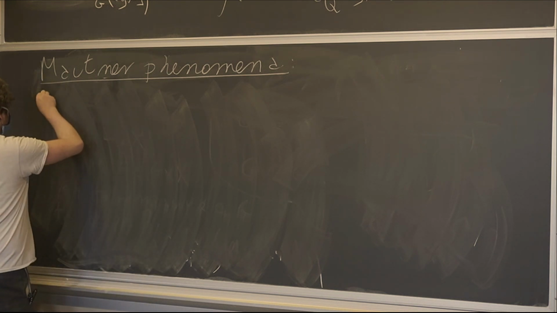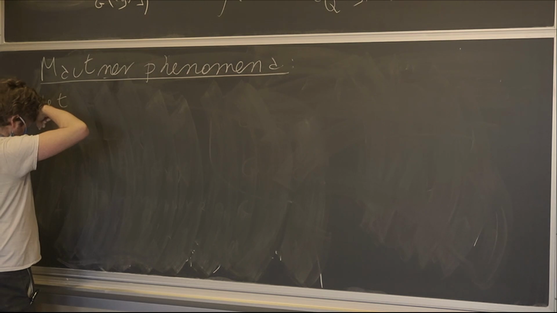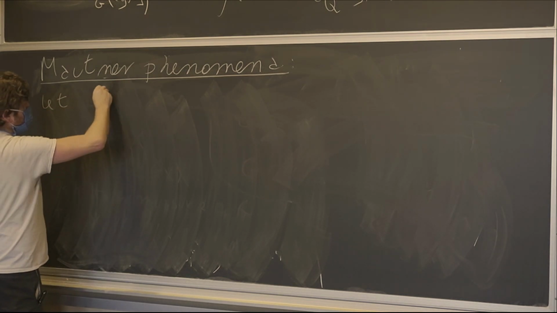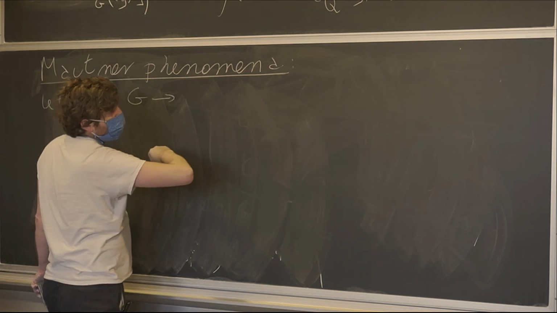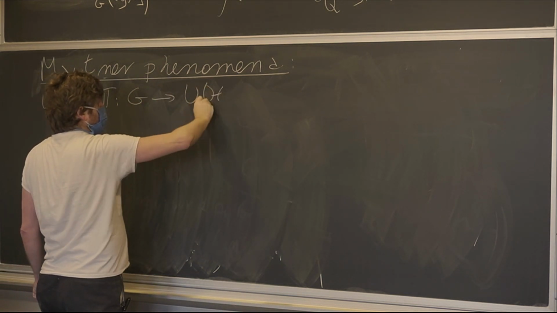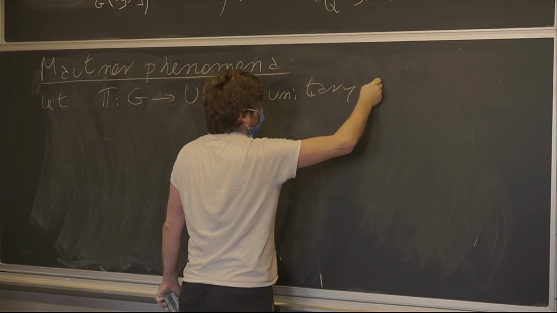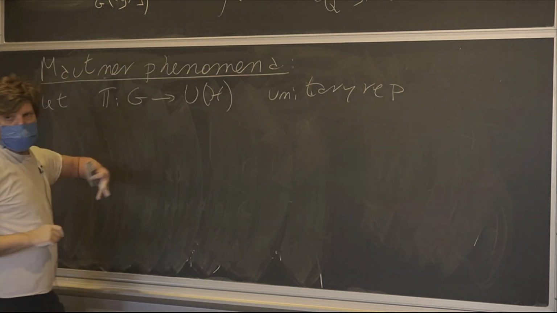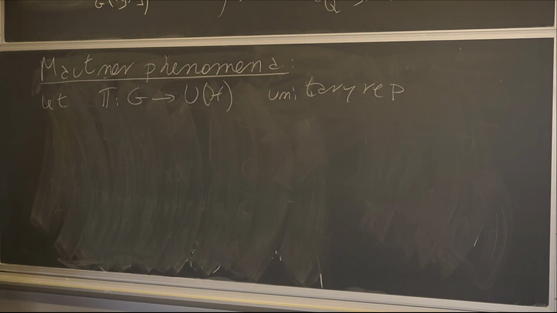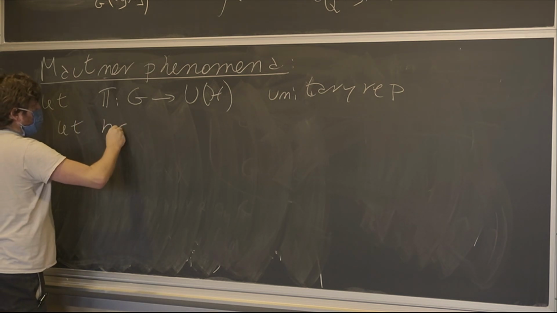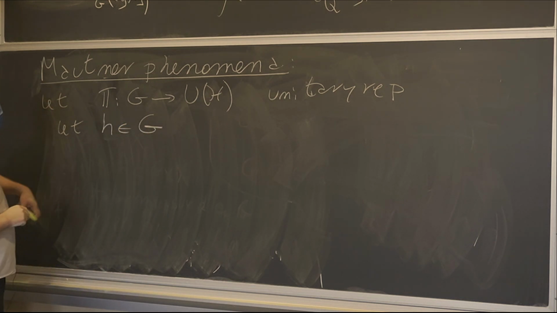So it says the following: let again pi from G into the unitary group be a unitary representation. Here G is just locally compact, and nothing else. You could even have invariant vectors for this matter, so we don't care. And let H be a vector in G, which eventually will be something like the E to 3, essentially.